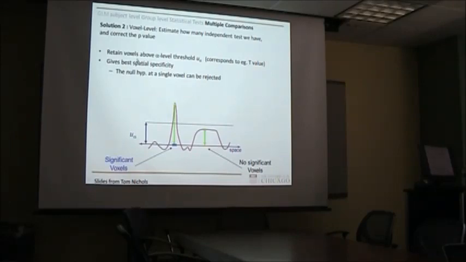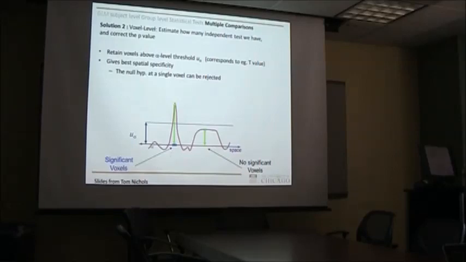So you correct your p-value for this estimated number of independent tests, and then you just say, well, anything above this threshold, which would be a p-value threshold that also corresponds to a t-value, some test statistic, I'm going to call significant.